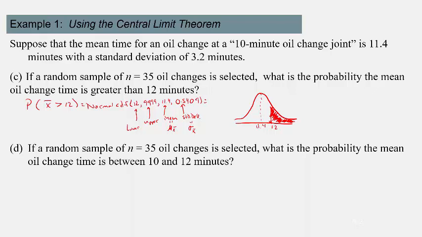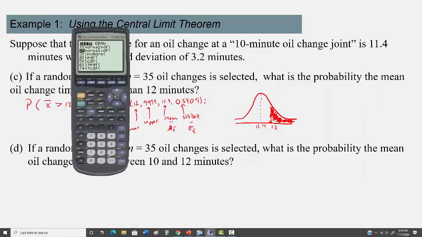So let's go back to our calculators. So in this calculator here, you're going to have to actually put in the commands. You're going to have to go 12, comma, 9999, comma, 11.4, comma, and then 0.5409. Close the parentheses. And you get 0.1337 when I do this, 0.1337.